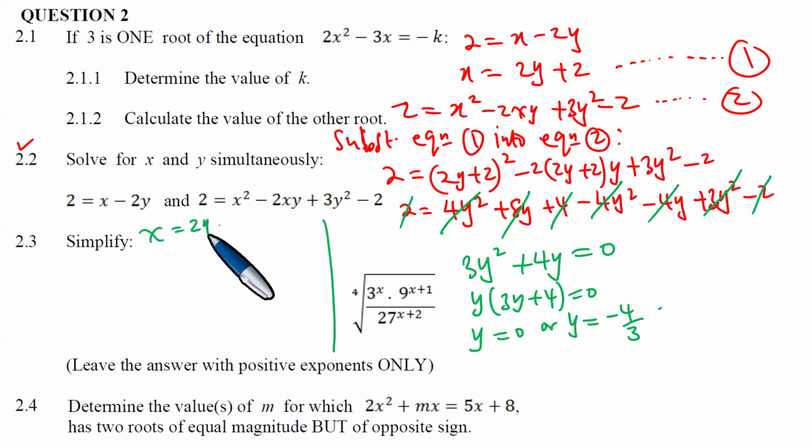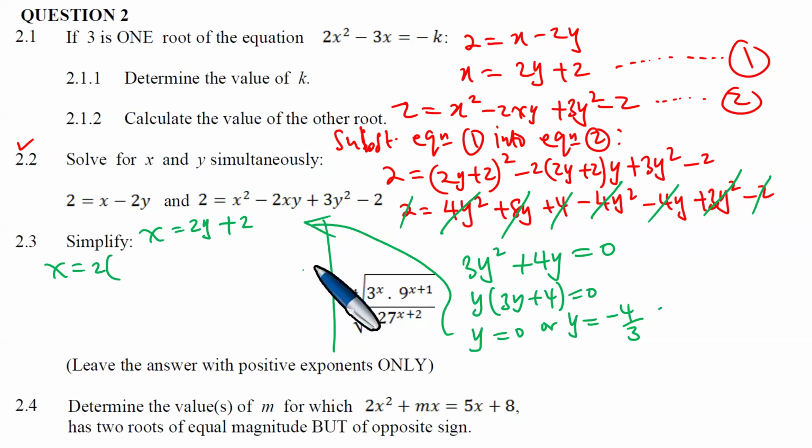Which x is 2y plus 2. Okay, if y is 0, we use this equation to get the values of x. So when y is 0, you put 2 by 0 plus 2.